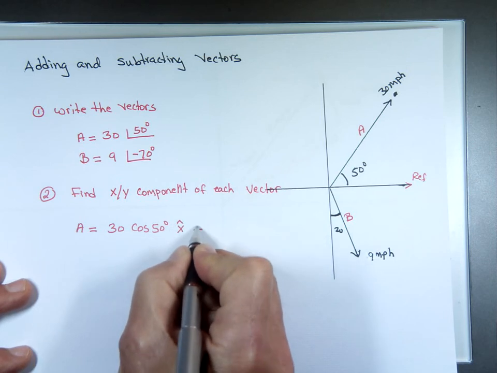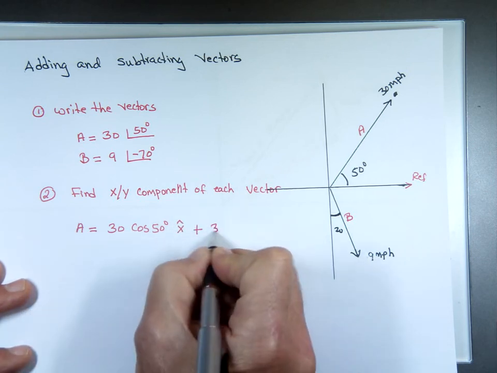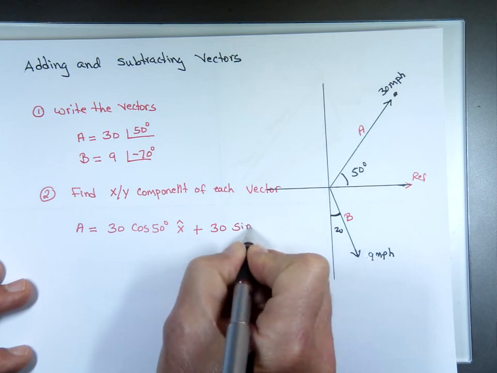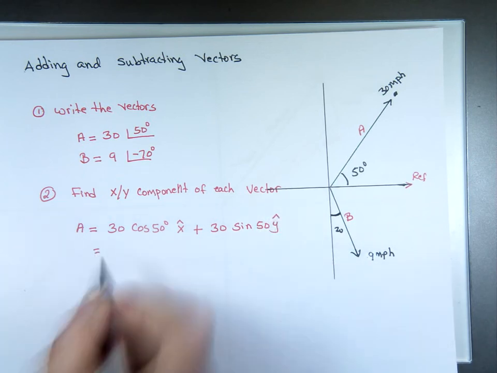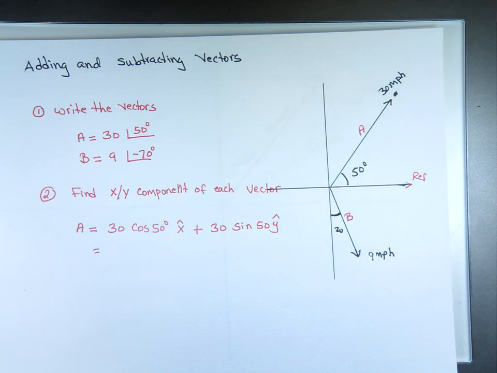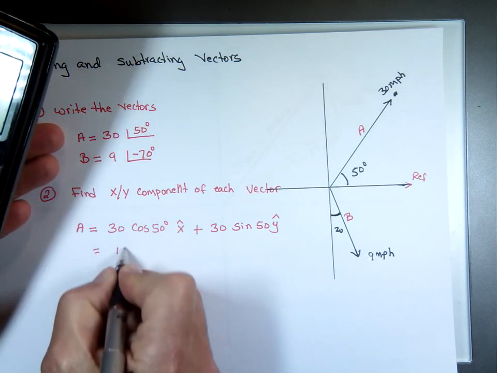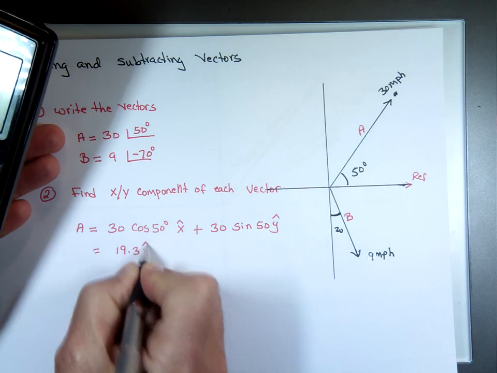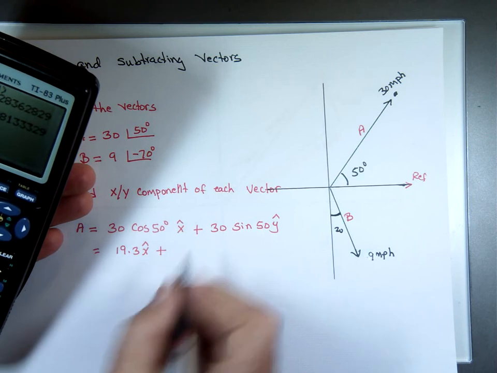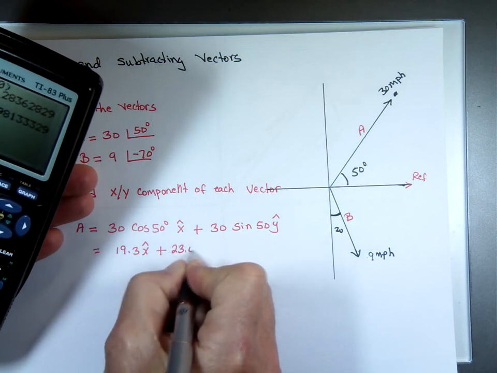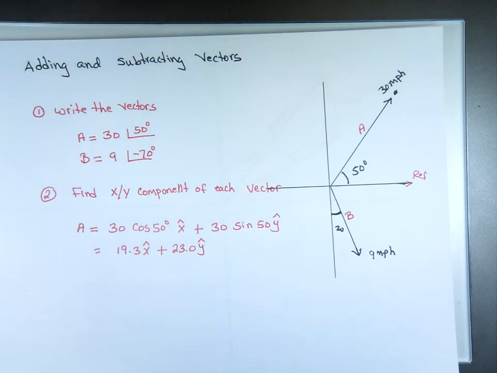And we'll have a y component of what? 30 sine of 50. So 30 cosine of 50 is 19.3 in the x direction, and 30 sine of 50 is 23.0 in the y direction. That's vector A.